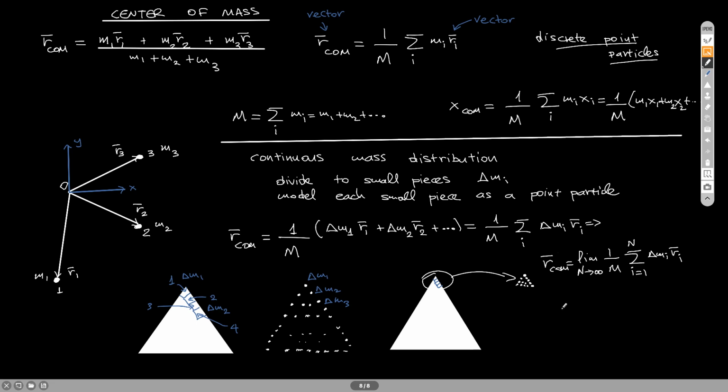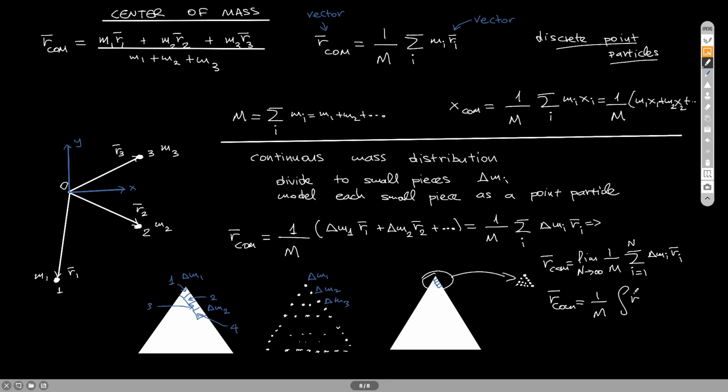Now, I hope you remember from calculus, when you have the limit of n going to infinity of a sum that depends on n, this is what we call an integral. So, really, the center of mass is 1 over m of the integral.